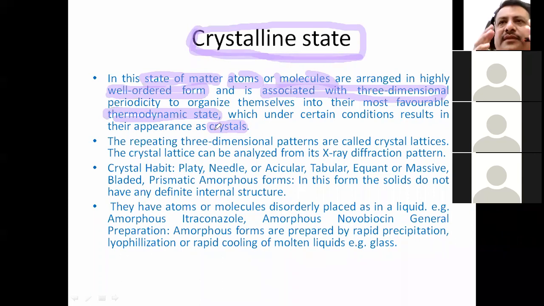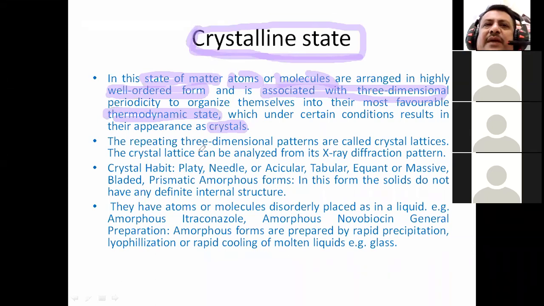So what is the thing which we should note about the crystalline state? In the internal structure of the compound, the arrangement of atoms and molecules is well organized. They are highly ordered in association with three-dimensional periodicity, which keeps them in the most thermodynamically stable state and results in the form of crystals.